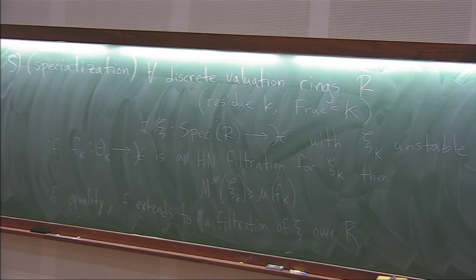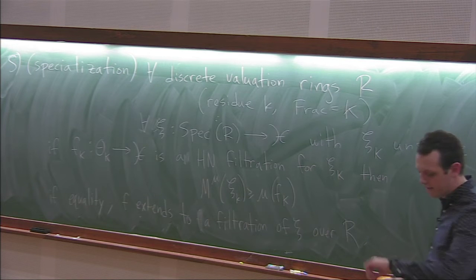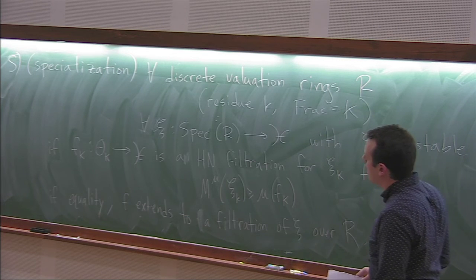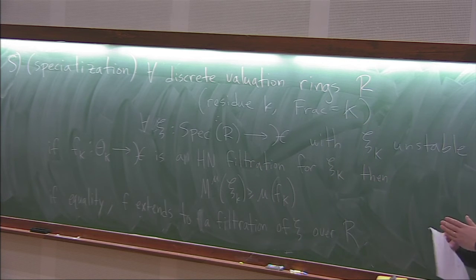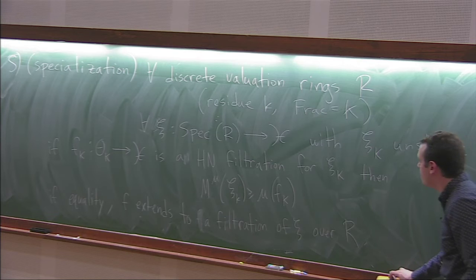So these are two features of the Harder-Narasimhan filtration for vector bundles: this boundedness and then this specialization condition. So this is saying that if the special fiber has exactly the same degree of instability, then you can extend the Harder-Narasimhan filtration in the family.